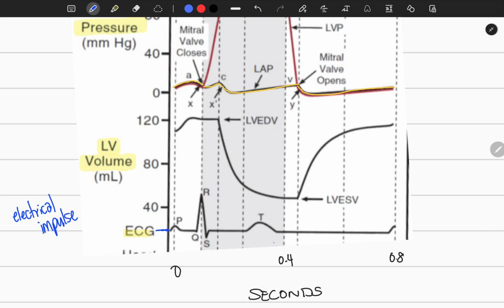We have the P wave, which is where the atrium contracts. That is where the SA node fires to cause the atrium to contract. That is seen on lead 1 from right arm to left arm, collecting negative to positive. We then have the plateau here, which is the AV nodal delay.